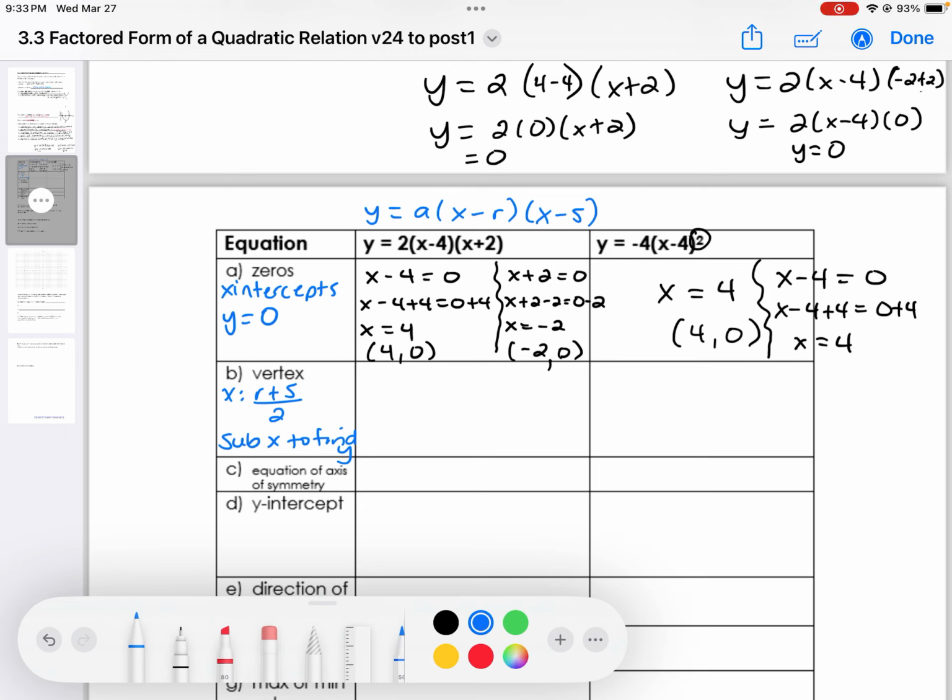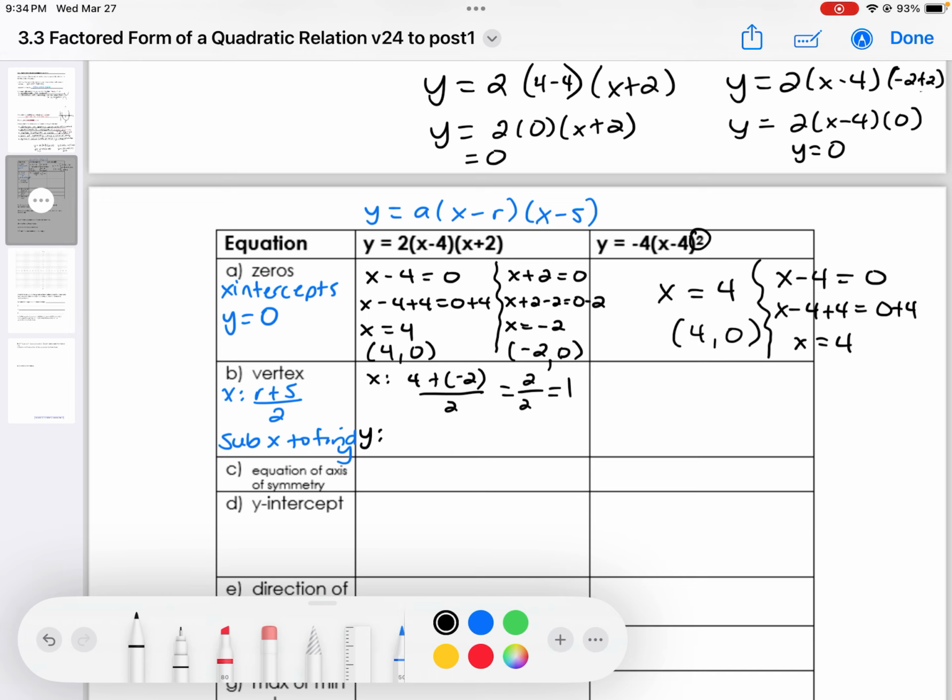Okay, so we have 4 plus negative 2 divided by 2. 4 plus negative 2 is positive 2 over 2, which is 1.